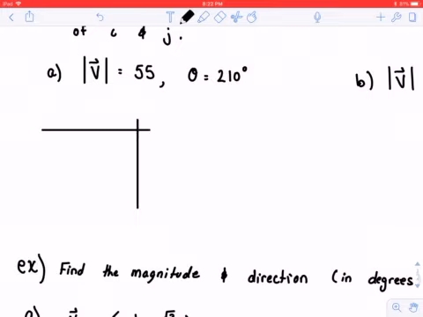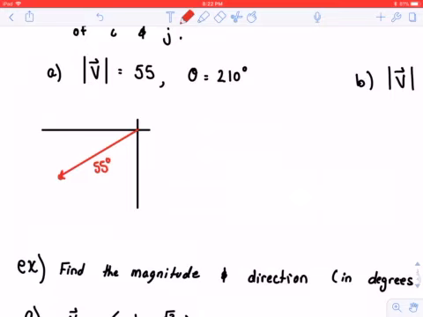It looks like I am in the third quadrant, so I'm going to draw the third quadrant of my XY plane. When I draw my vector in component form, I'm starting at 0, 0. And 210 is 30 degrees past 180, so I kind of know where to put it, which is good. And I know this length is 55.